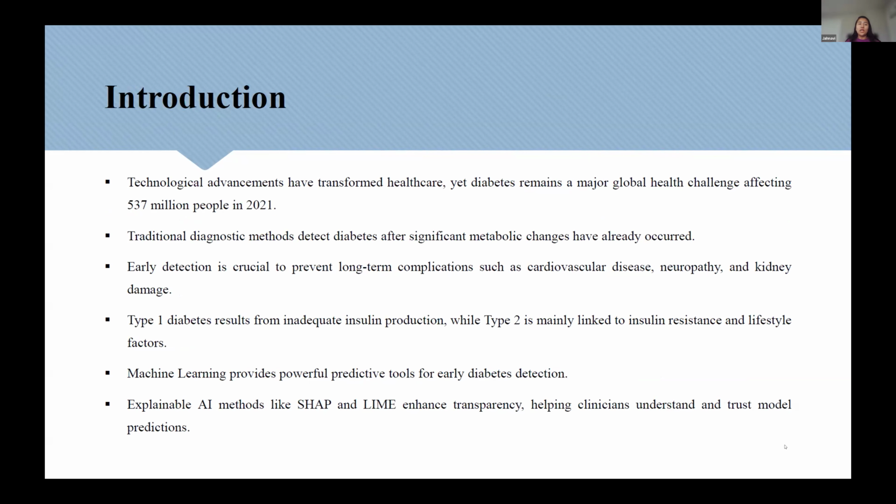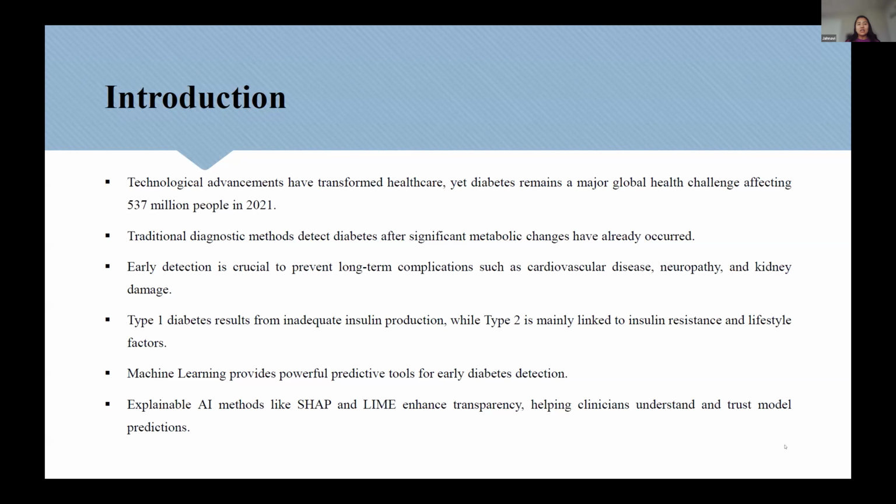Today, worldwide, there are 589 million people with diabetes. If we go by very documented numbers, in 2021 we observed 537 million people, but nowadays that number has increased to 589 million people, which is 11% of the population. And that is huge.